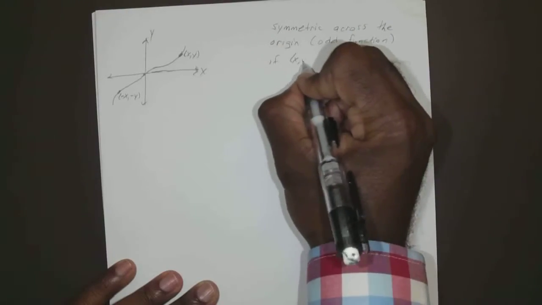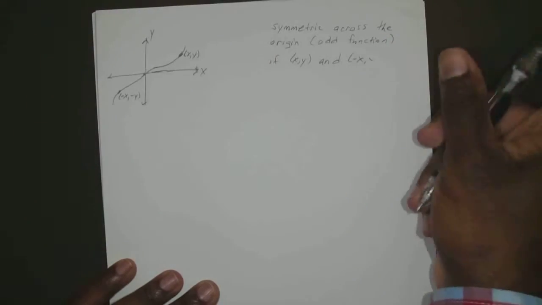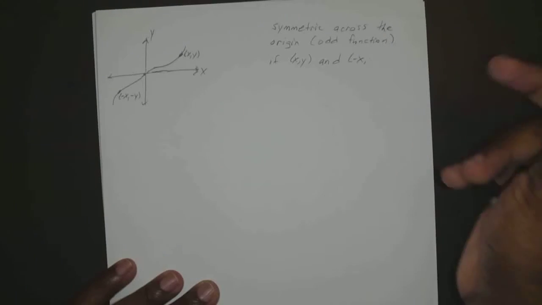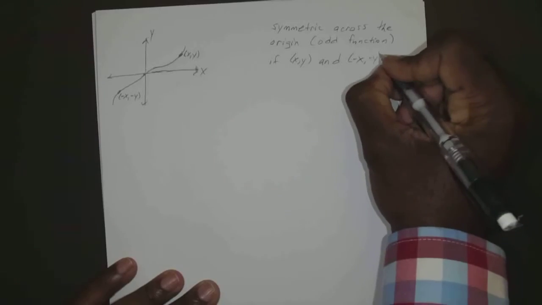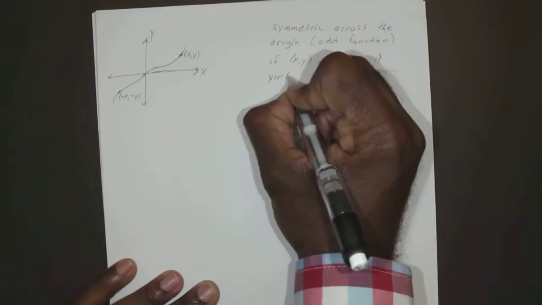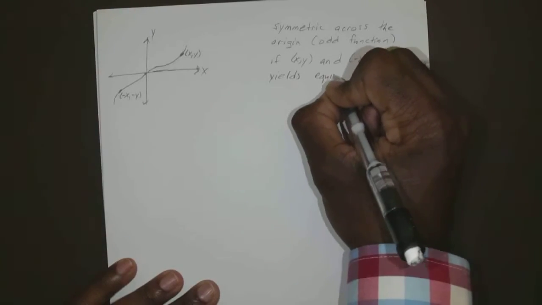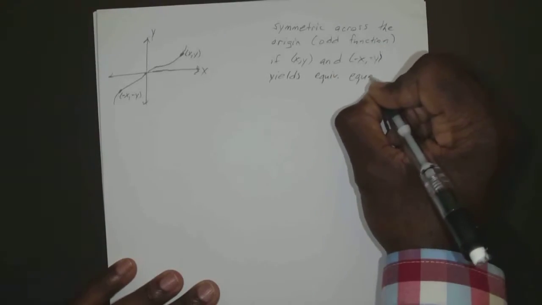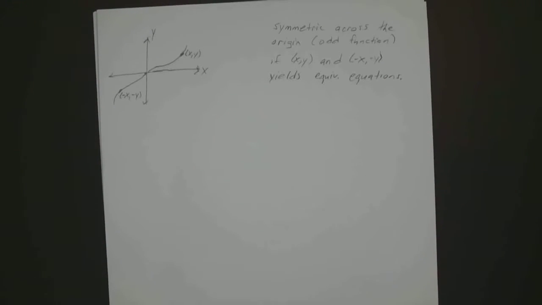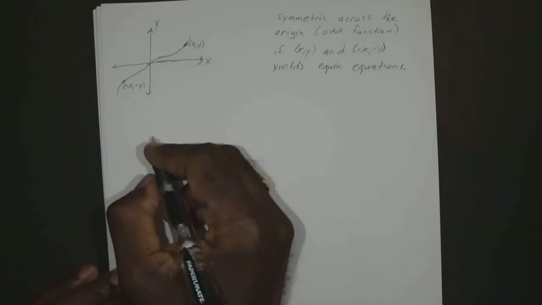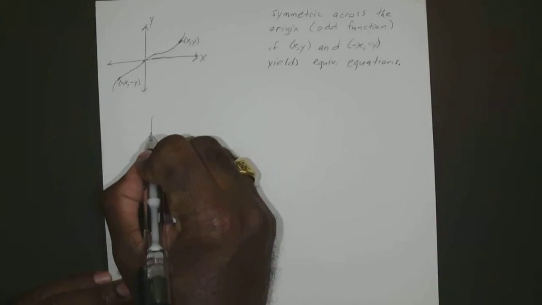If x, y, and negative x, negative y. Use equivalent equations. Okay. So pretty similar to if you apply it to polar coordinates.